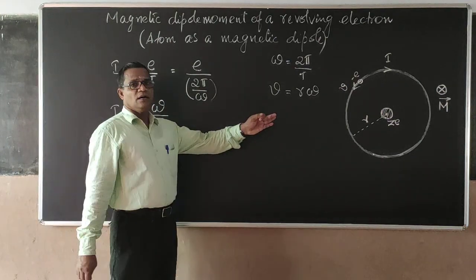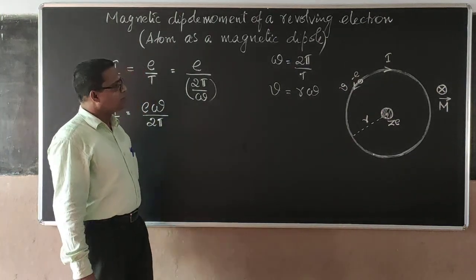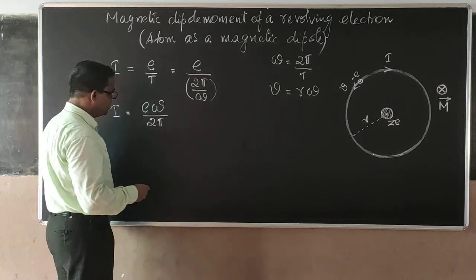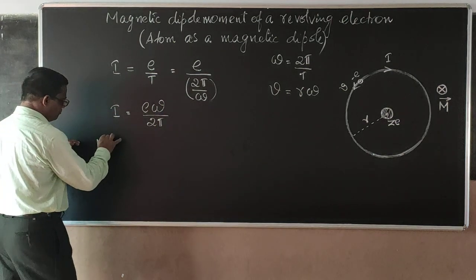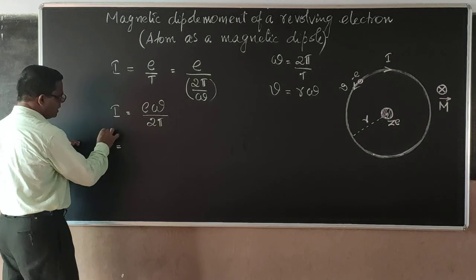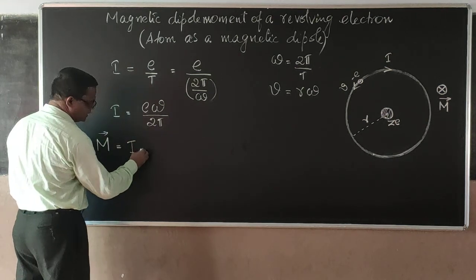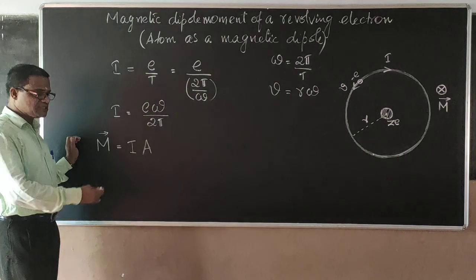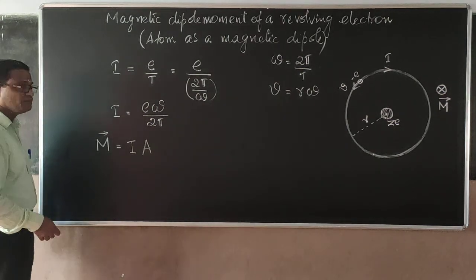Now what is the magnetic dipole moment of those revolving electrons? The M will be equal to current into area of the loop. We just now discussed current into area of the loop.